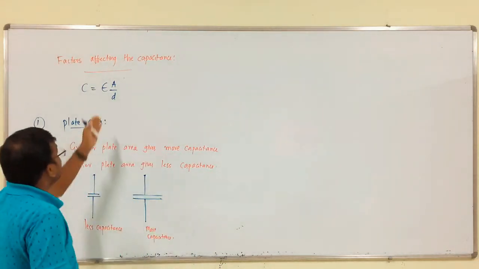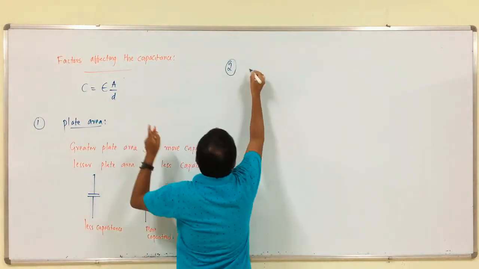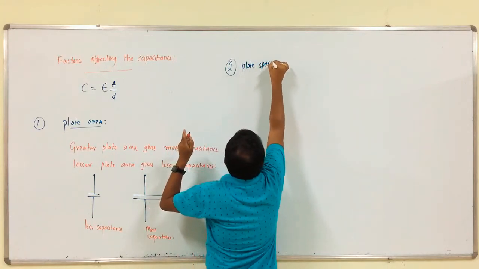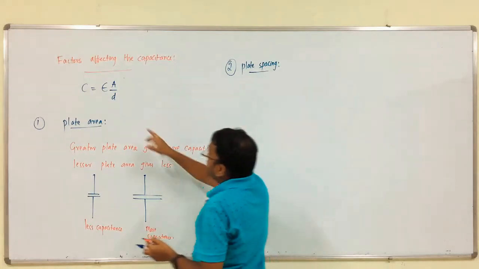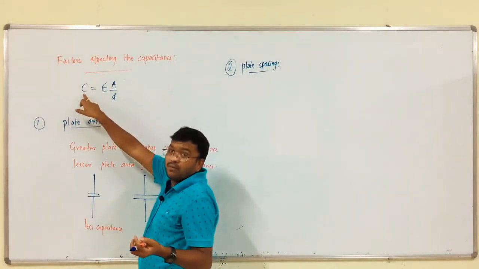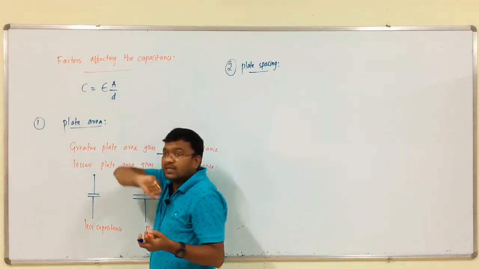Next one is plate spacing. If the spacing between the two plates is less, we have more capacitance. If it is more, we have less capacitance.